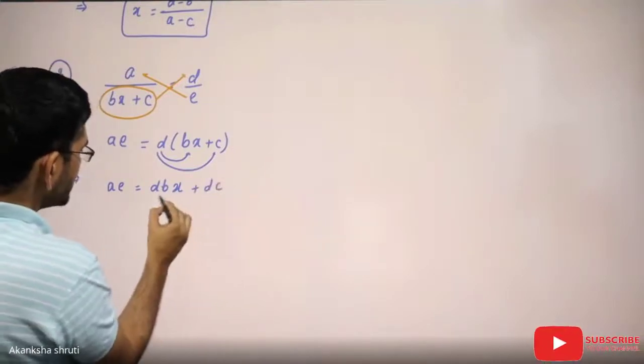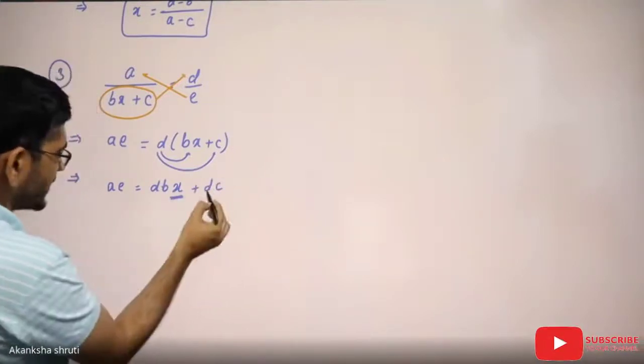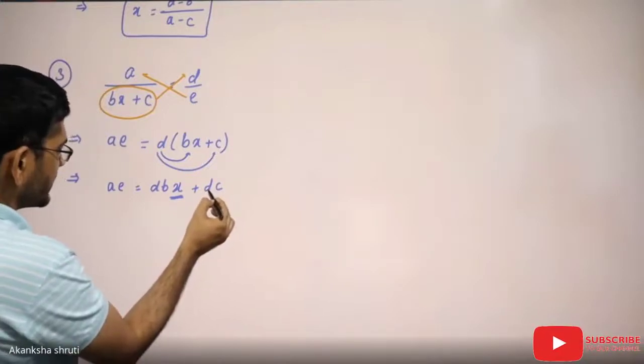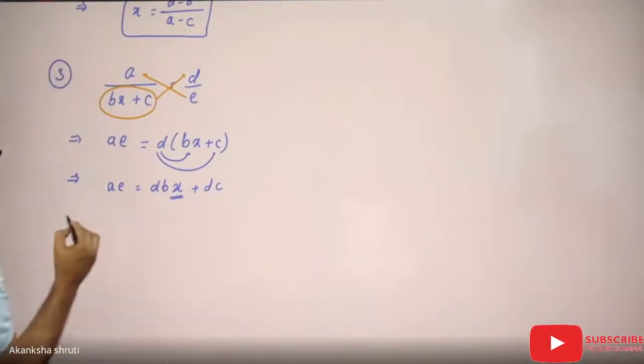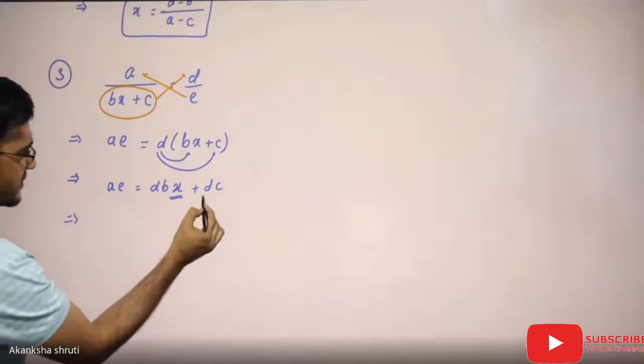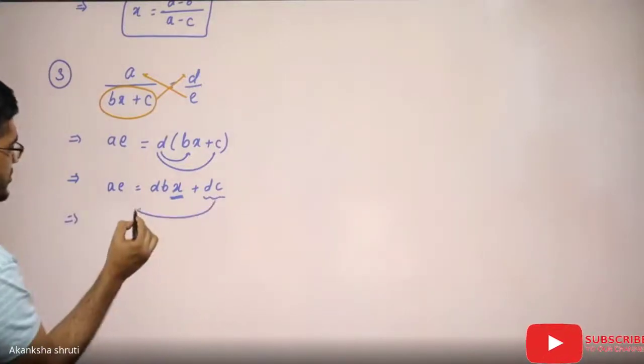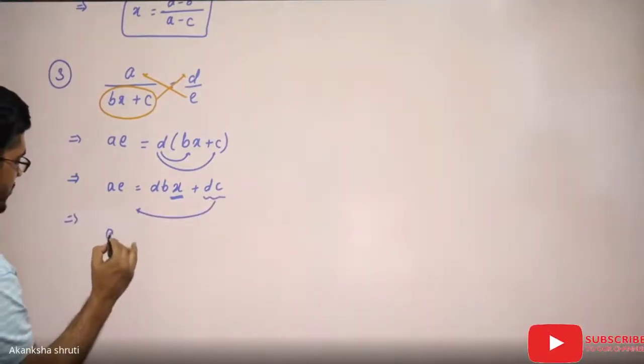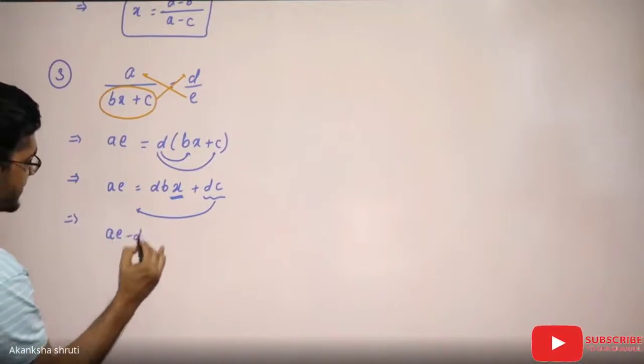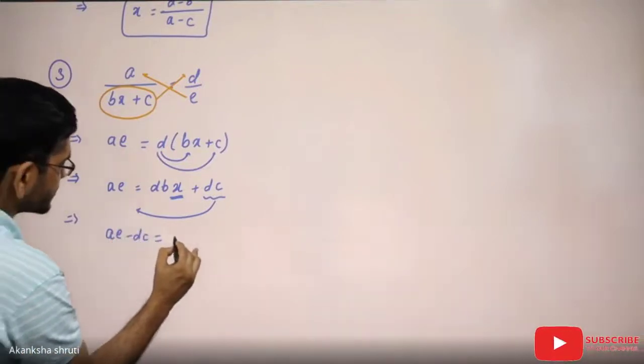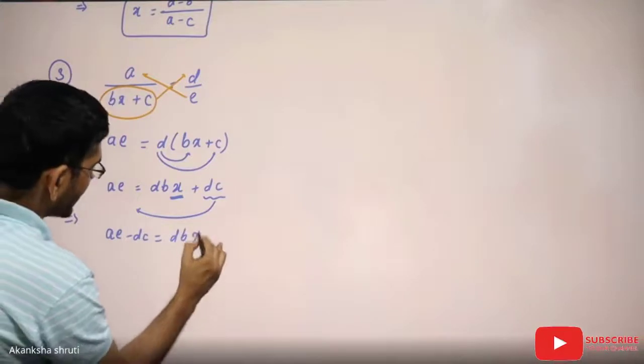Now this x we need to calculate, and these b, d, e are the constants. So bring this on the left hand side, it will turn into ae minus dc is equal to dbx.